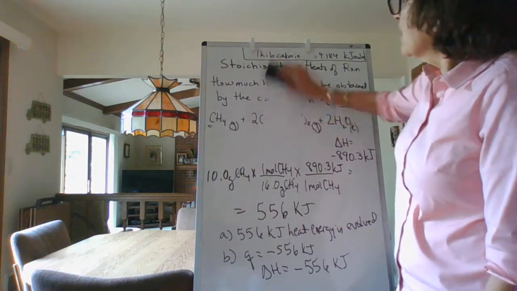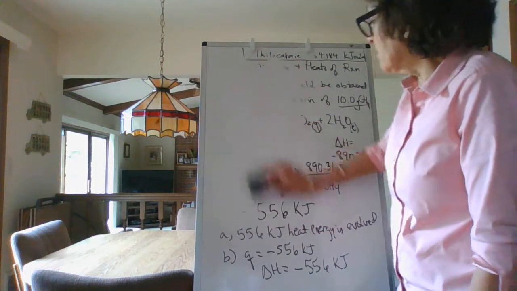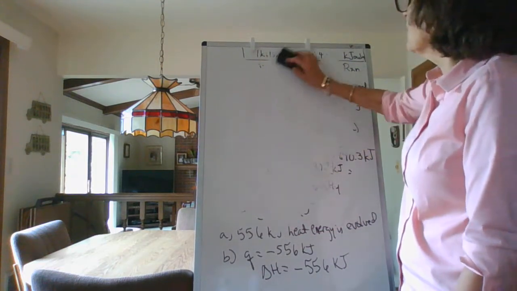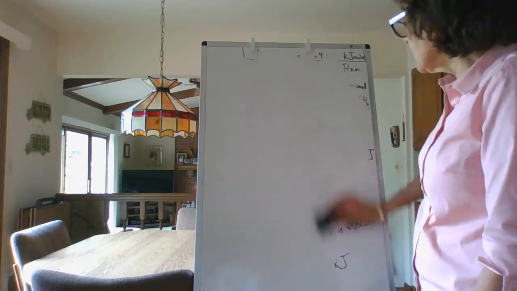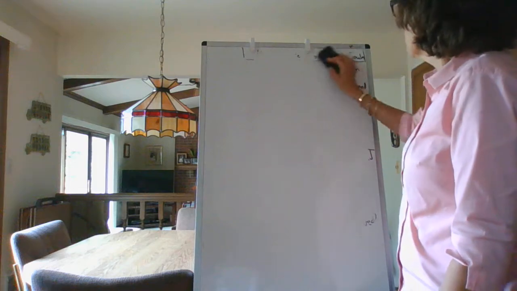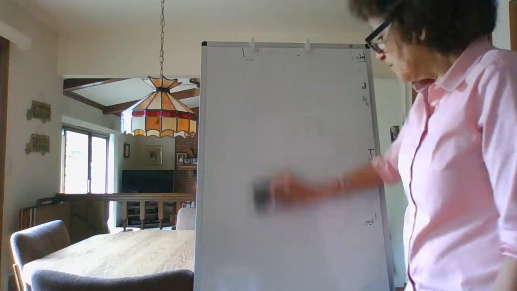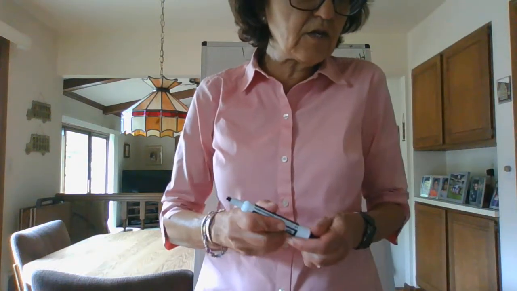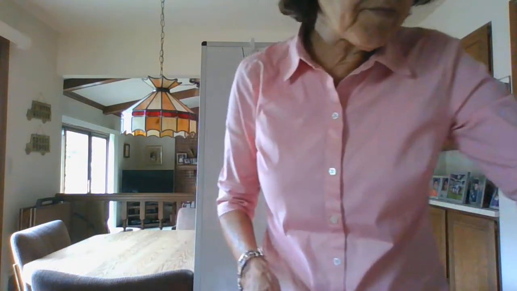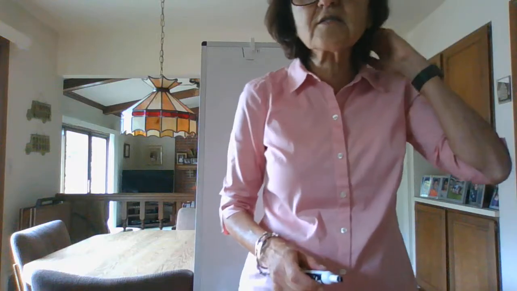Okay, now the other topic that I want to do in this video that is on the what you need to know list is writing and manipulating thermochemical equations. So here's a thermochemical equation. This is the equation for the Haber process, the process that creates ammonia.